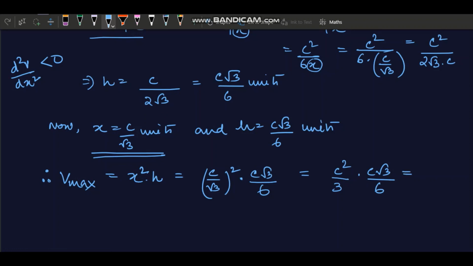So ultimately, after simplification, we have c³/(6√3). Therefore, maximum volume is given by c³/(6√3) cubic units.